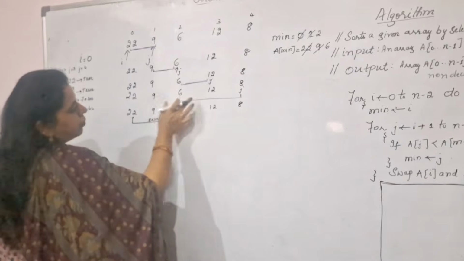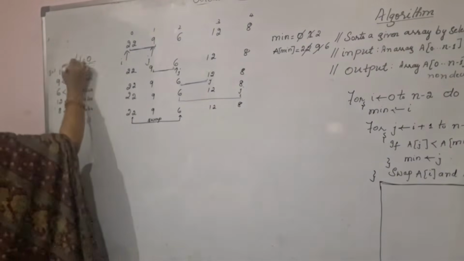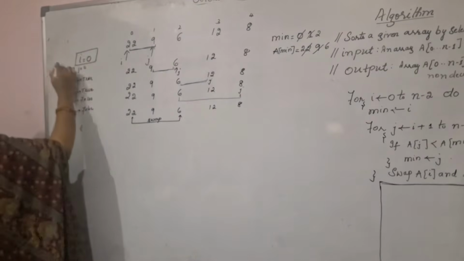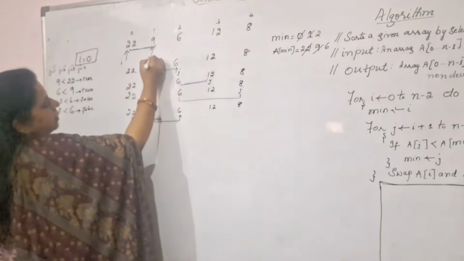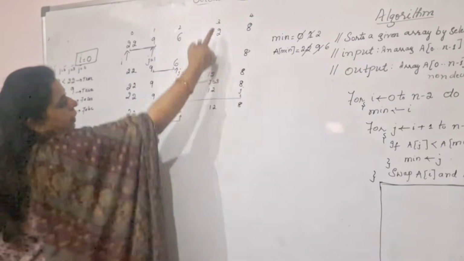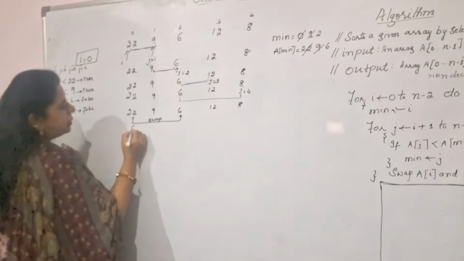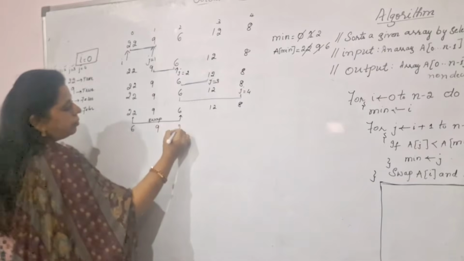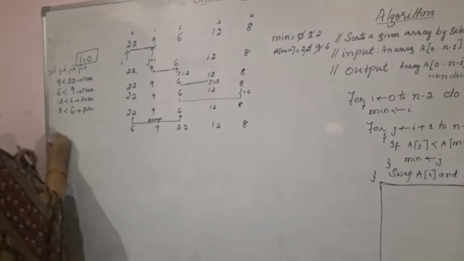That means whatever number of comparisons were required for the first pass, that is for i equal to 0, j equal to 1, j equal to 2, j equal to 3, j equal to 4, you can see here. Once you swap this, you will get 6, 9, 22, 12 and 8. This is the end of the first pass.